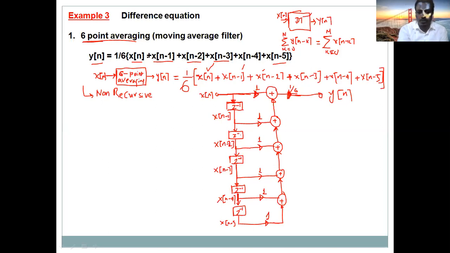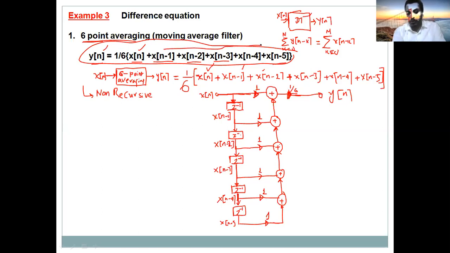Because, as you can see from this difference equation, the output depends on what? The present input and past inputs. All these are past values of the inputs. The output does not depend on past values of outputs.